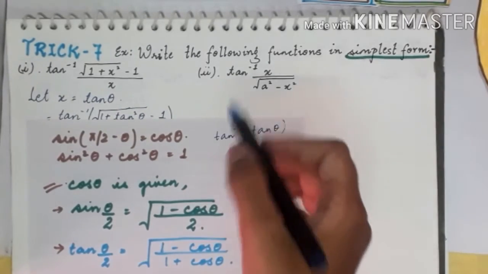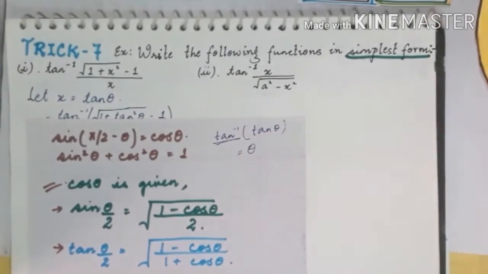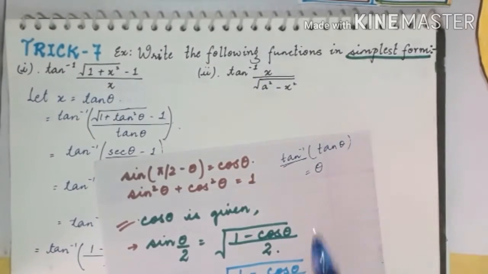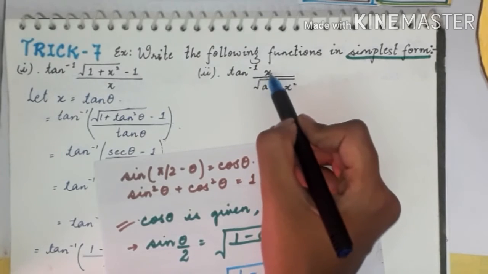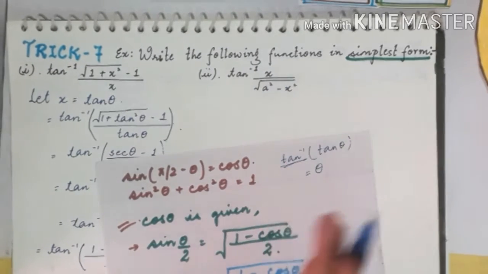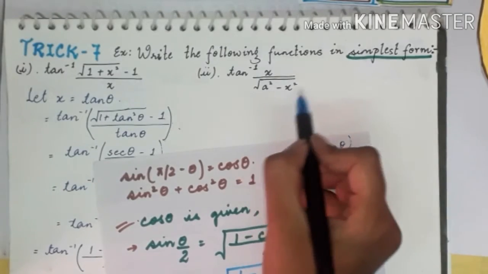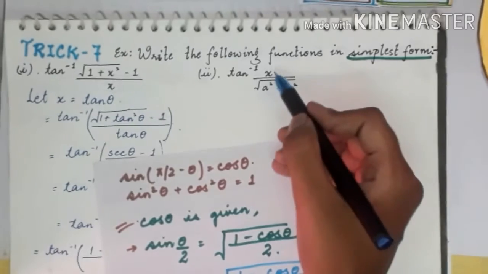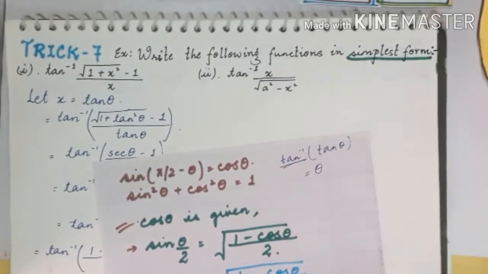Then only you can eradicate this tan inverse function. So here, see, tan theta is sin theta upon cos theta. So if you put sin theta in place of x, and by using some tricks, convert this denominator into cos theta, then you can easily get tan theta here. Are you getting what I am saying?